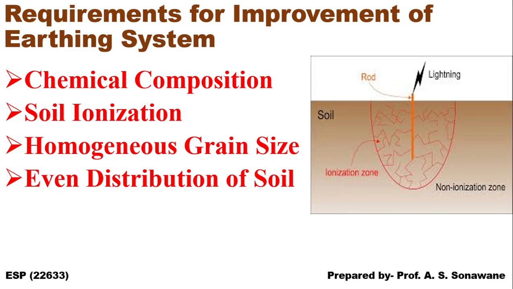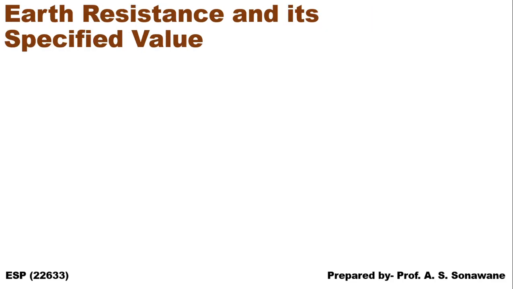These characteristics are a large deciding factor due to their effect on the retention of soil moisture as well as packing density in contact with the electrode. These all requirements affect the value of earth resistance. So let's see what is earth resistance and what will be its specified value.